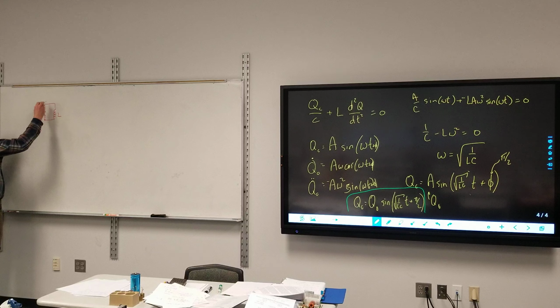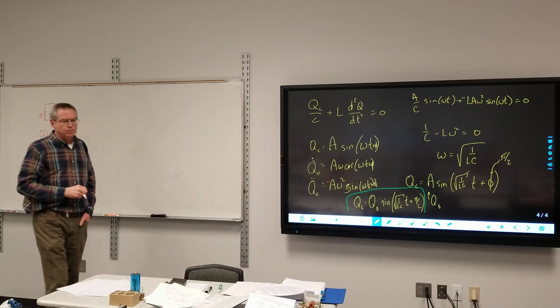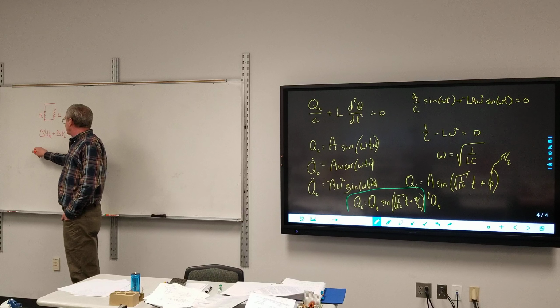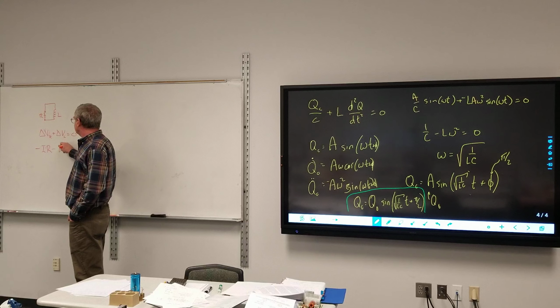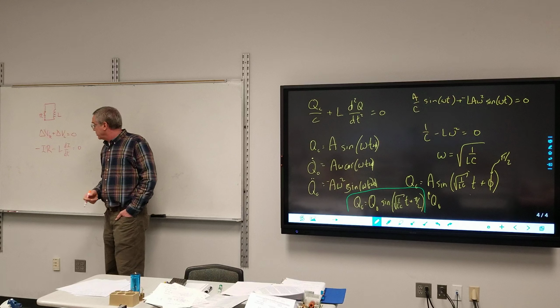So if I just start here and work my way around, the change in potential across the resistor plus the change in potential across the inductor must add up to 0. So this would be negative IR minus L dI/dt is equal to 0. And now ultimately we're going to just solve for I.